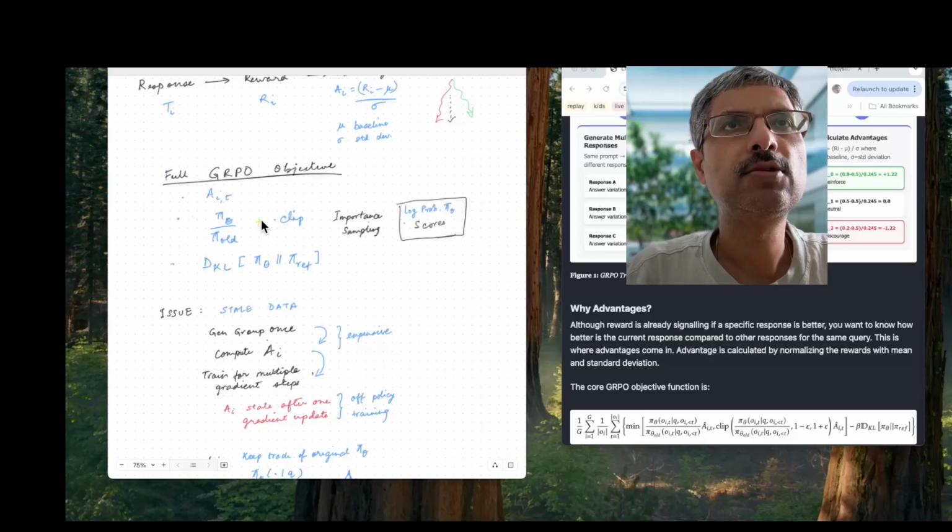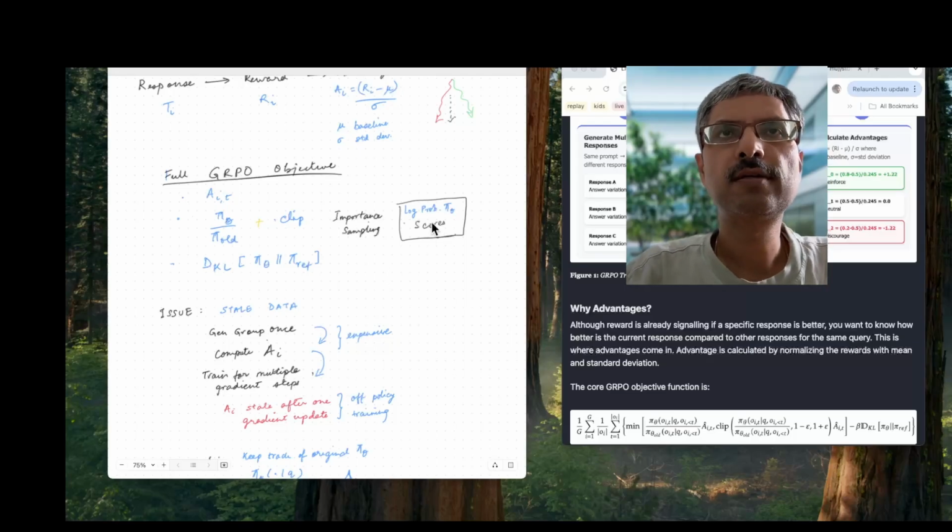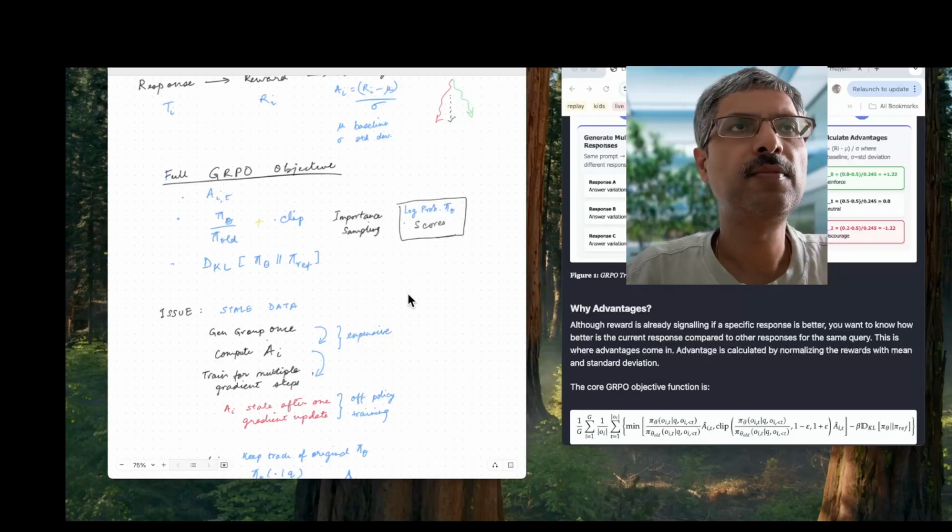There's also a clip component that prevents the ratio from going too high or too low. Then there's a KL Divergence term which compares the scores with the current model and an older reference model. These scores are essentially log probabilities over the whole traces, which can be computed from individual probability scores.